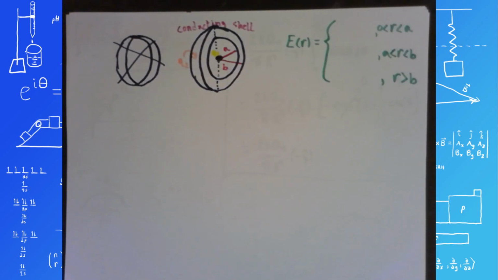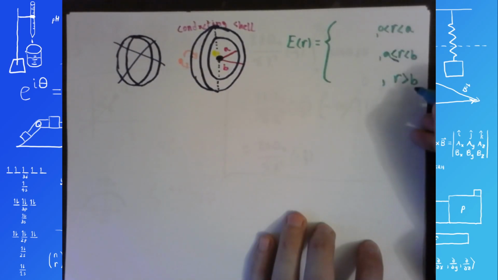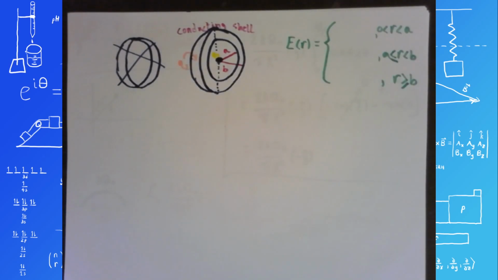And actually, I'll say or equal to over there and greater than or equal to here. I wouldn't split hairs over whether you should use greater than versus greater than or equal to, less than versus less than or equal to. If your professor is very particular about it, then just follow what your professor says, but otherwise, don't worry about it too much.